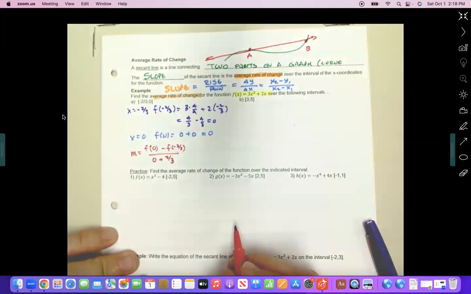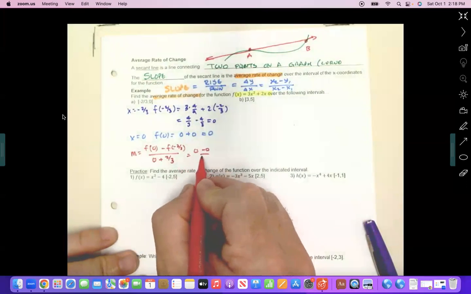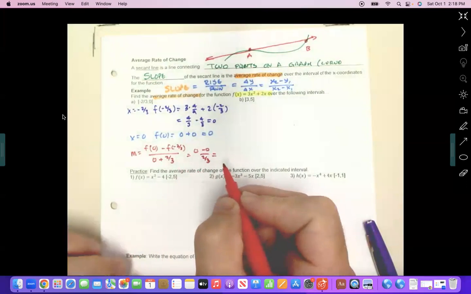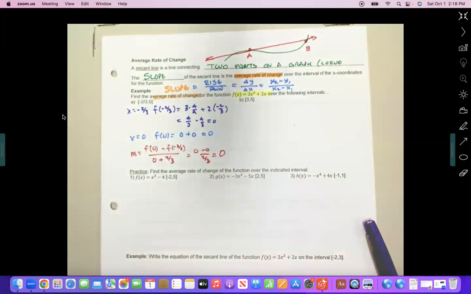That becomes 0 minus 0 divided by 2/3. 0 divided by anything is still just 0. This has an average rate of change of 0.